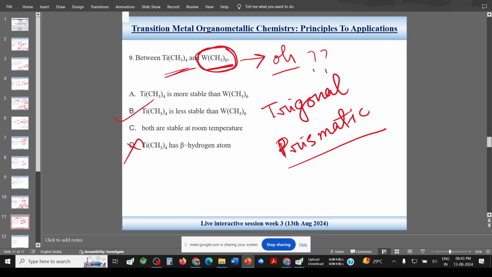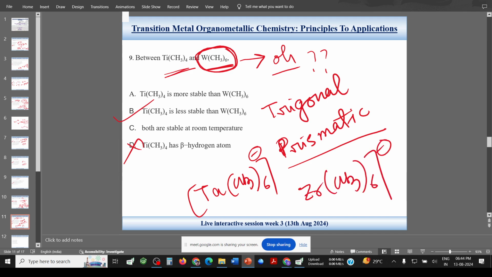Or you have another d0 species which has the same structure, like the tantalum [Ta(CH3)6]- and also the zirconium [Zr(CH3)6]2-. These are all d0 complexes and all have a trigonal prismatic structure.